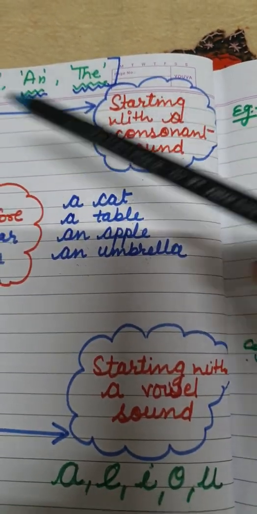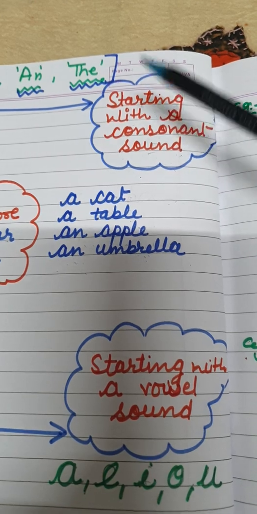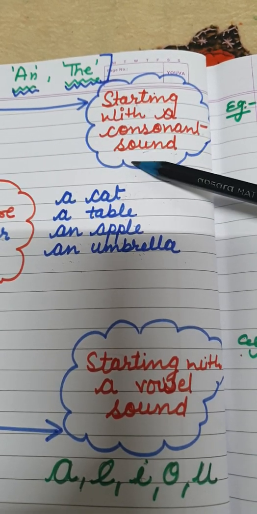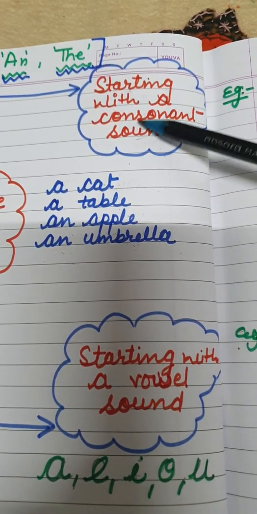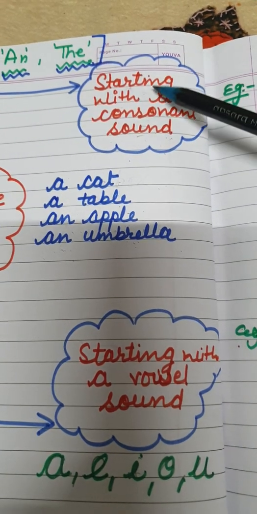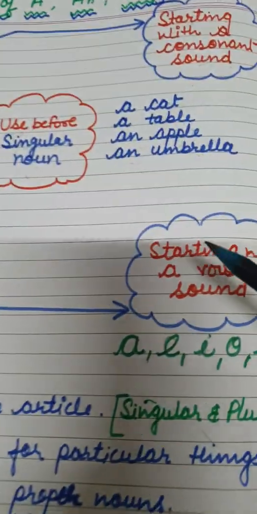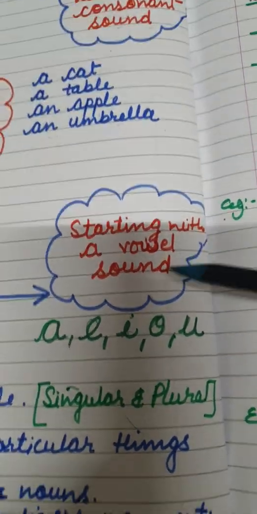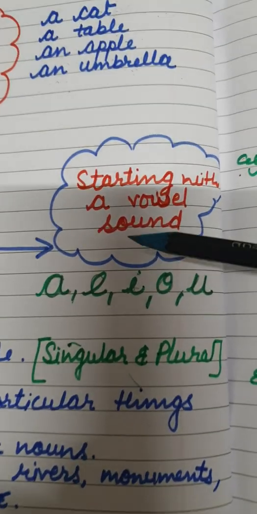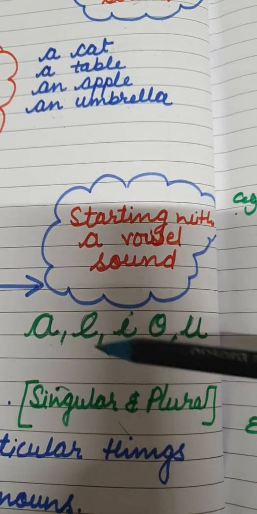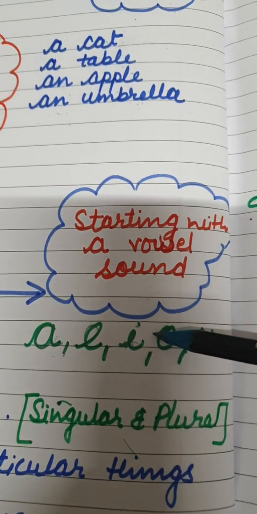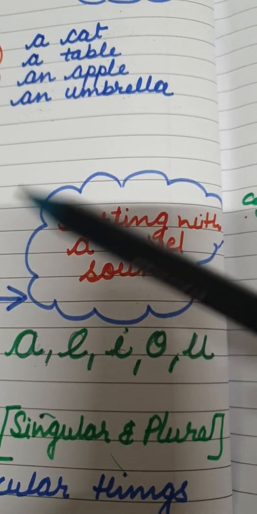Kids, we will always use a before all the singular nouns which are starting with a consonant sound, and an before all the nouns which are starting with a vowel sound. In English, we have 5 vowels: A, E, I, O, U. All of you know that.